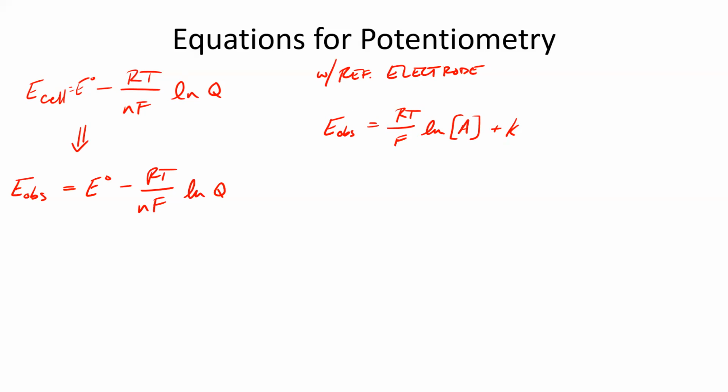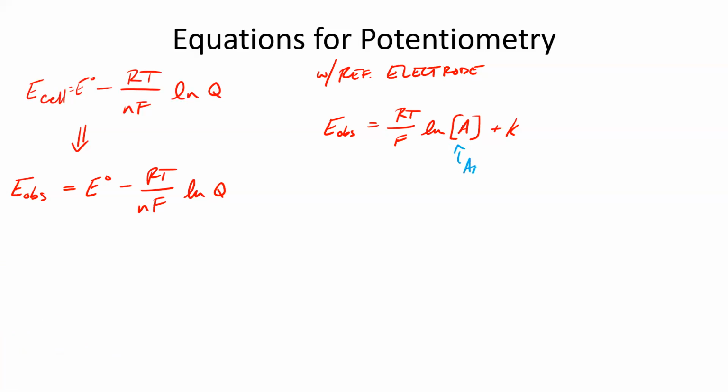Okay. K is the catch-all constant that incorporates lots of things, right? So now it takes into account not only that E0 cell, but whatever else is happening that we don't really have control over, that's causing our observed cell voltage to not equal our calculated cell voltage. And so let me annotate this just a little bit, right?